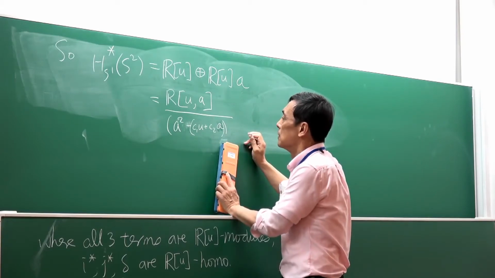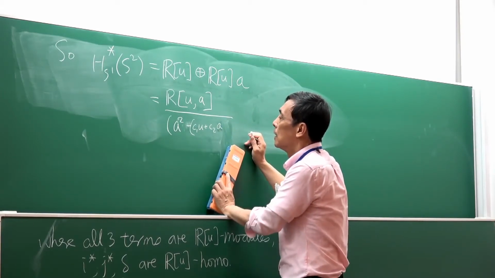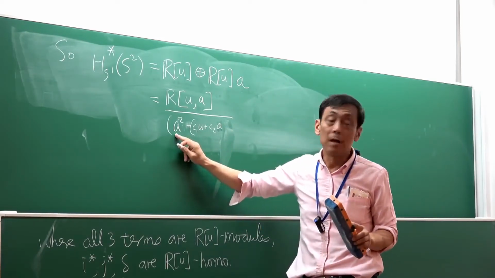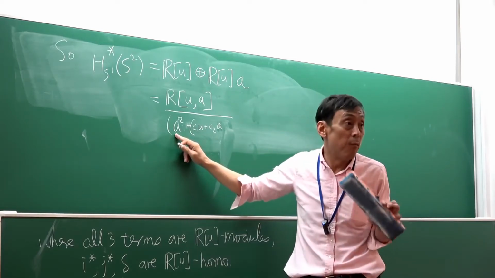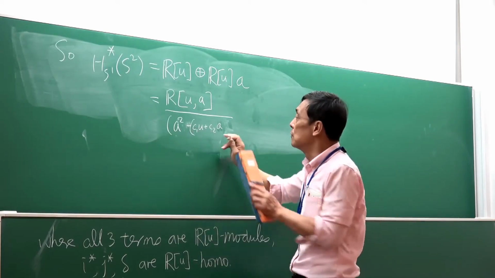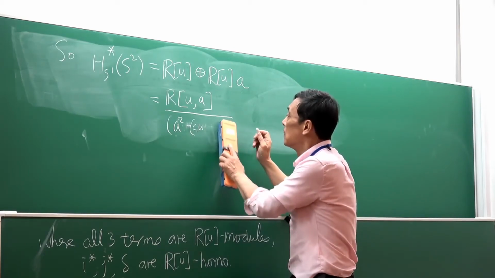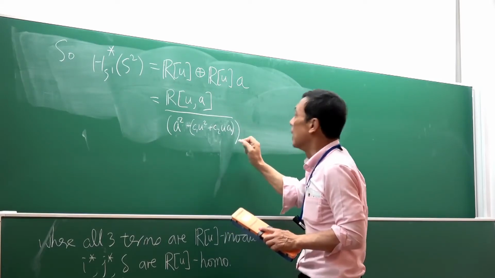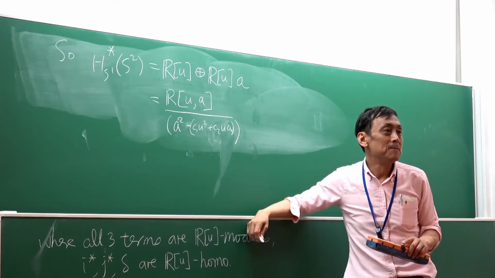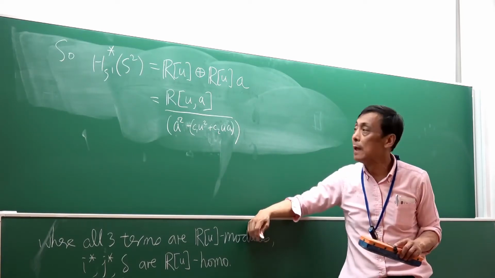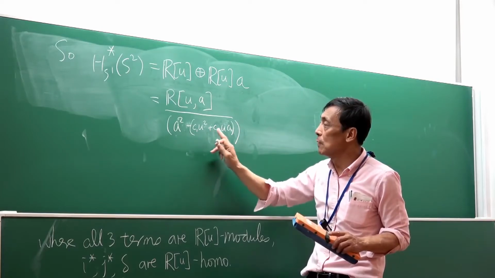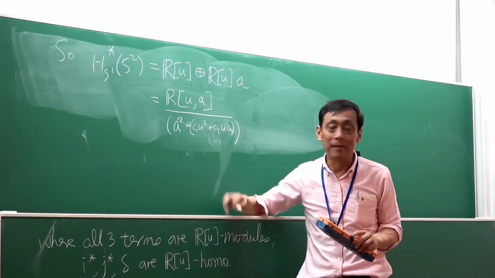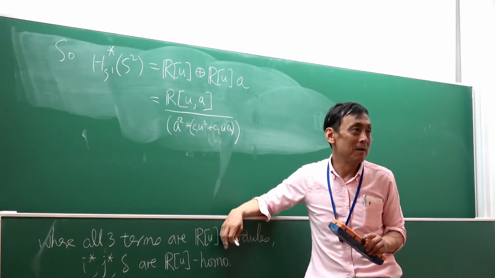You should have a relation for A square, no, just a minute. This is not right? Because A square has degree 4. So it should be a linear combination of U square and UA, right? So once you figure out these two numbers, C1 and C2, then you have the ring structure. Because then you know how to multiply A square. Okay?